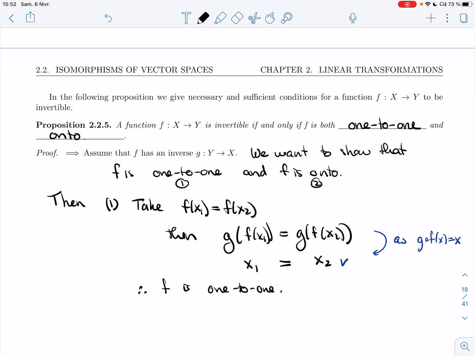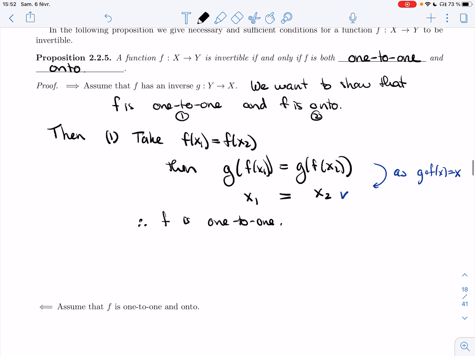Now I want to show that f is onto. All right, so I'm going to take y in Y. I want to find an x that's sent to it. So I'm going to take x equals g of y.